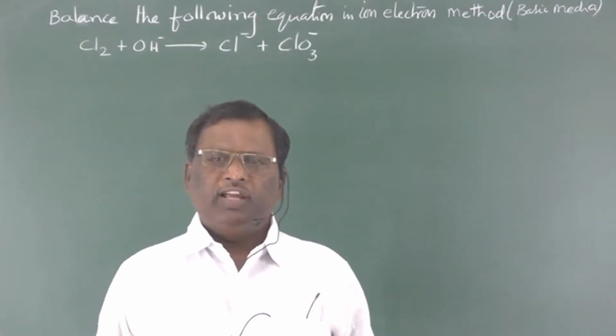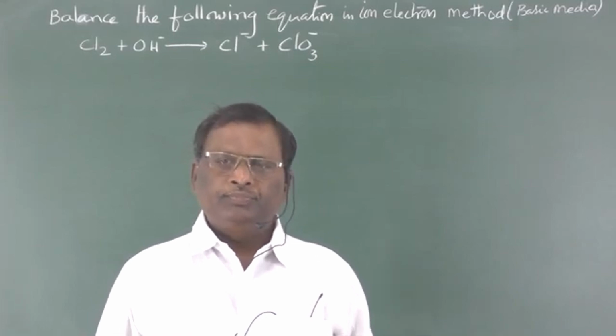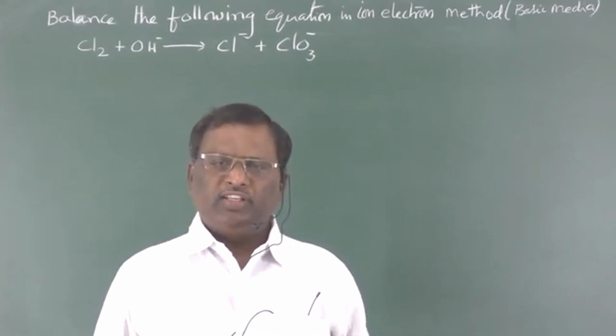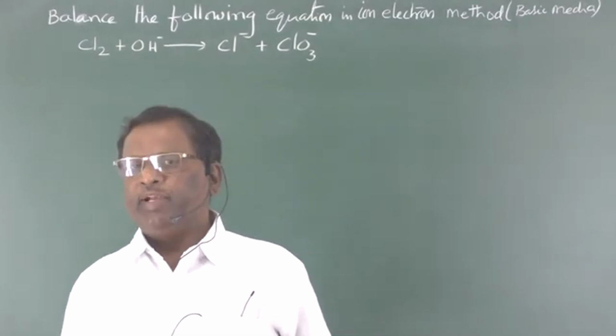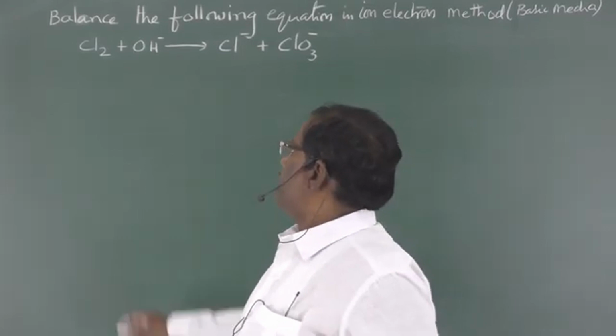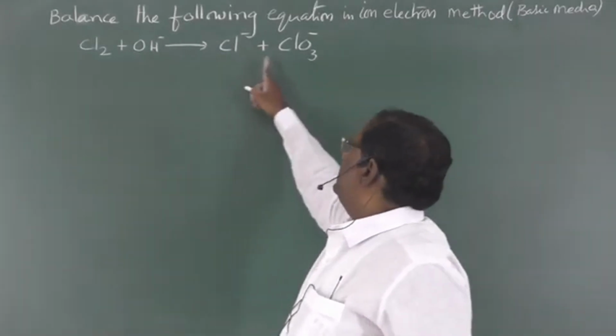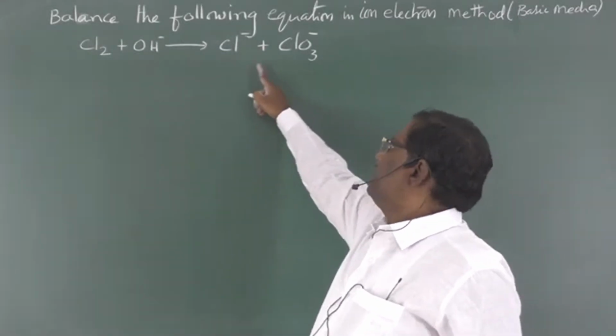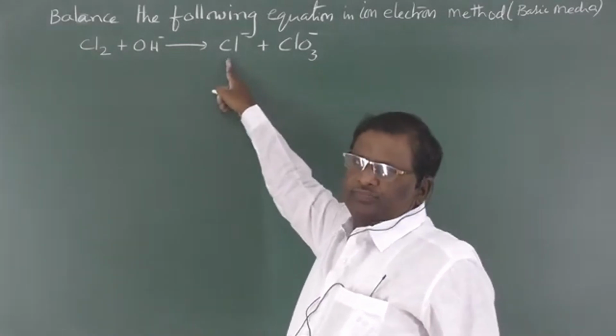So here we have another example. It is a very beautiful example in basic media. Here chlorine will be oxidized as chlorate and reduced as chloride.